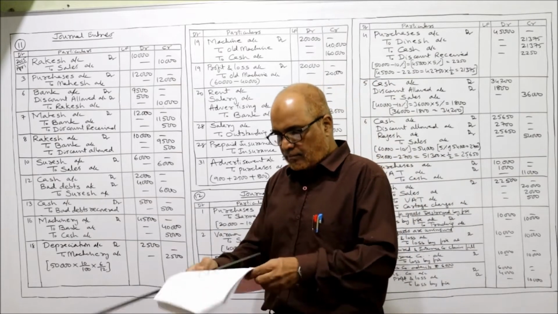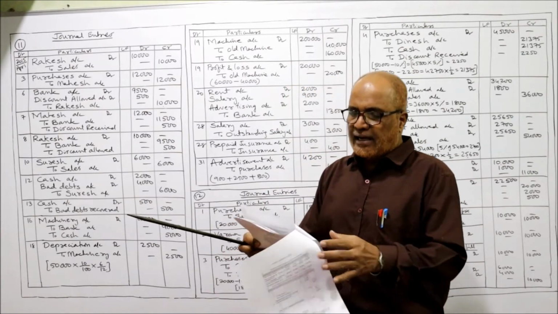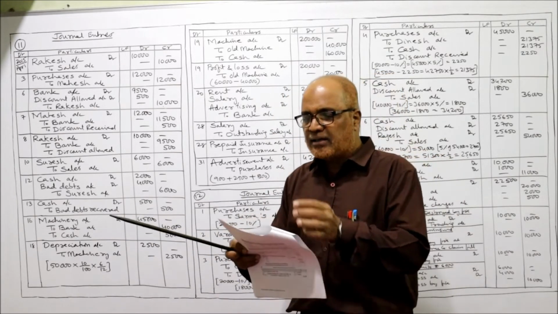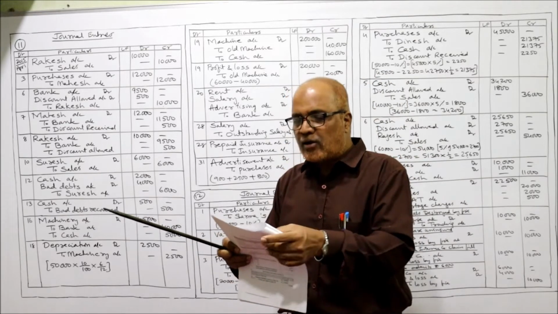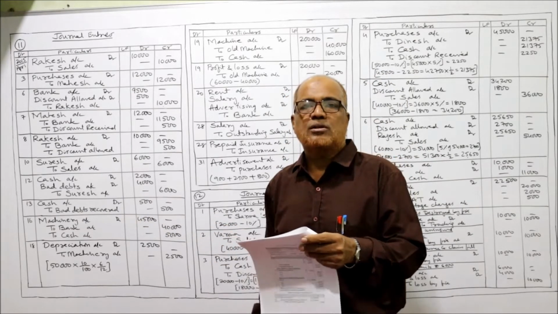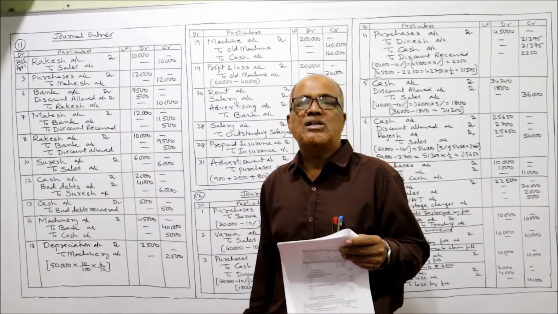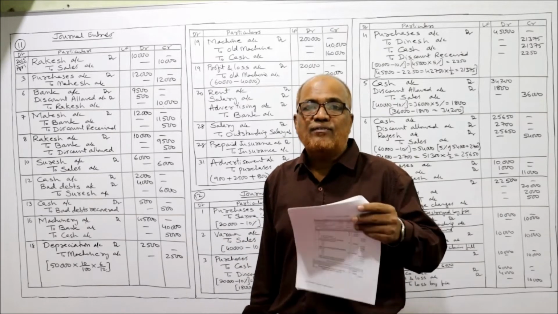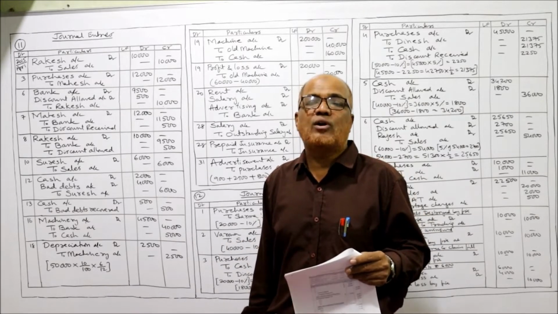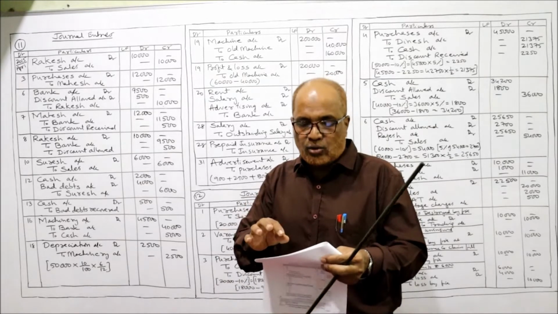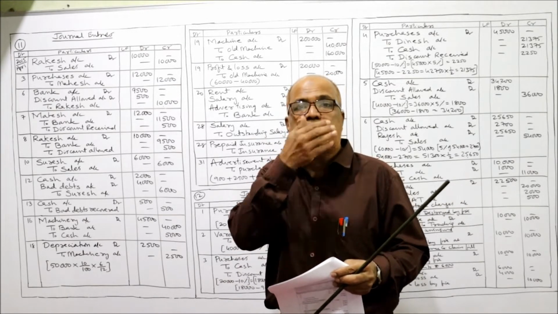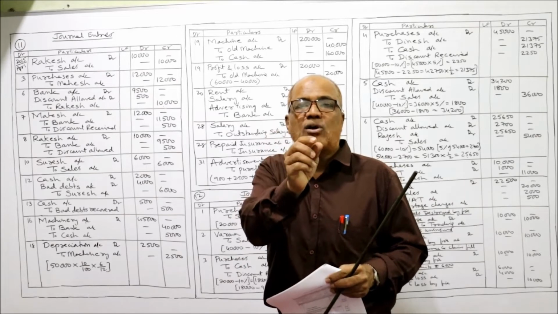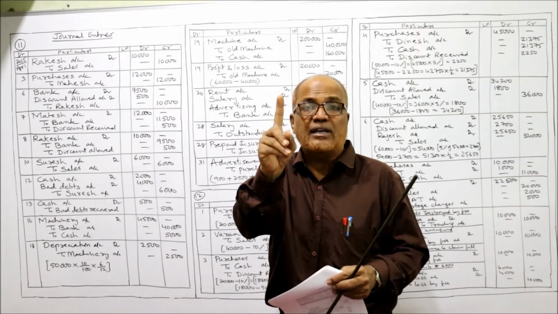Next, 18th, depreciate machinery by 10% for 6 months. Book value of the machine was 50,000. 10% of 50,000 is 5,000. So 5,000 rupees depreciation we would provide, but it is asking you to calculate the depreciation for 6 months. So 10% of 50,000 is 5,000 for 1 year.